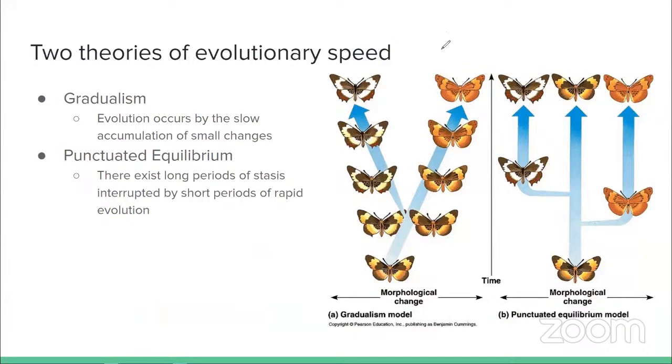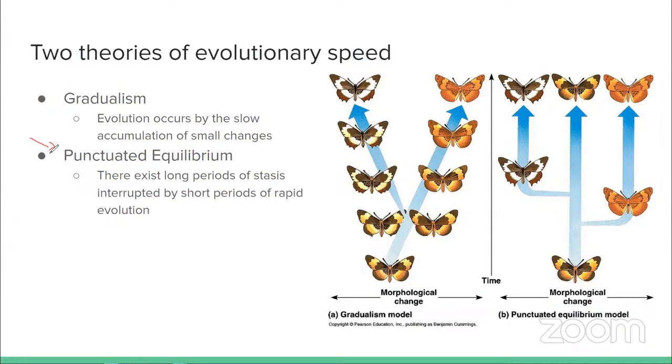However, when we look at strata, layers of rock, like those from the Cambrian, we see that we suddenly have all these different forms. So one of the big arguments is with proponents of this theory of punctuated equilibrium. Punctuated like periods, kind of stop and go.